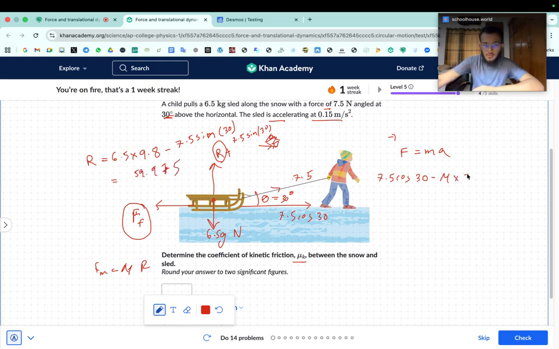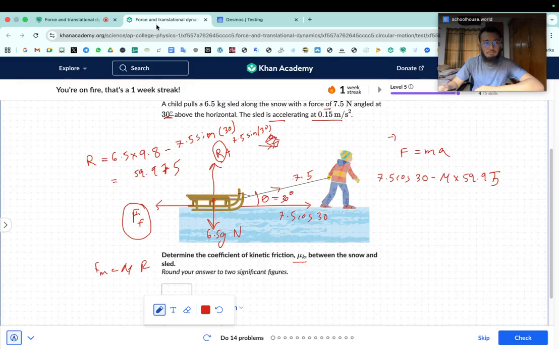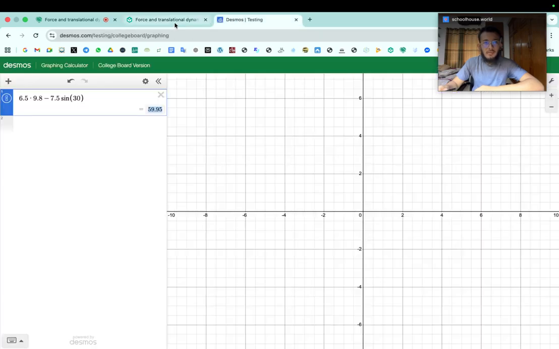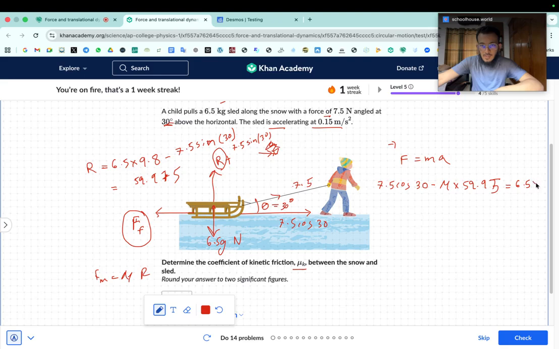So mu times 59.95, okay, 6.5 times 9.8 minus 7.5 sin 30, 59.95. This thing is equal to the mass, which is 6.5 kg, times the acceleration, which is 0.15. And from here we would be able to find the value of mu.